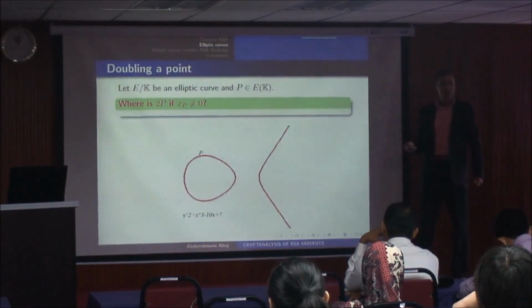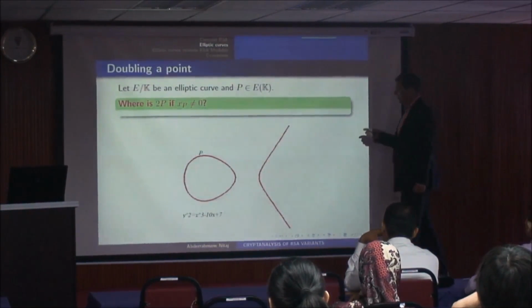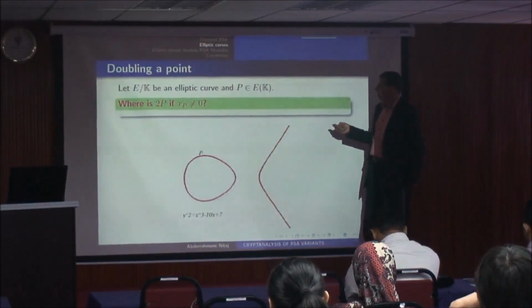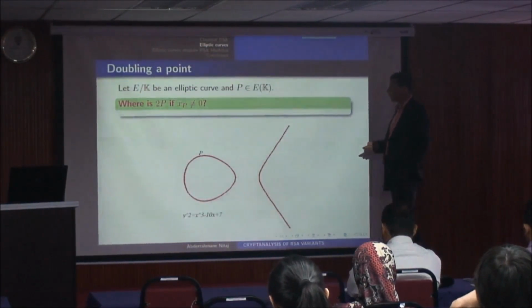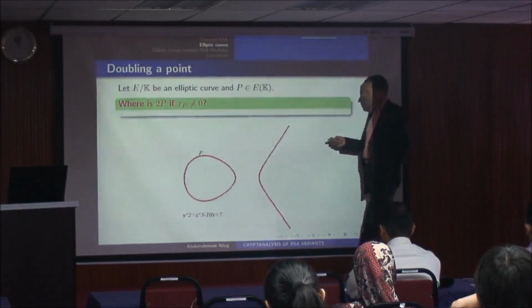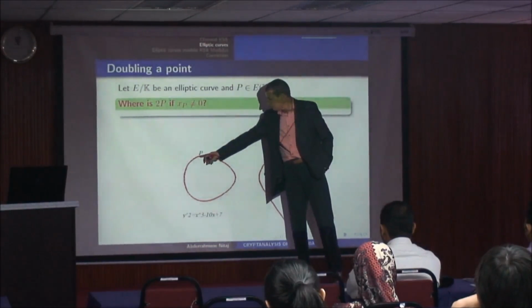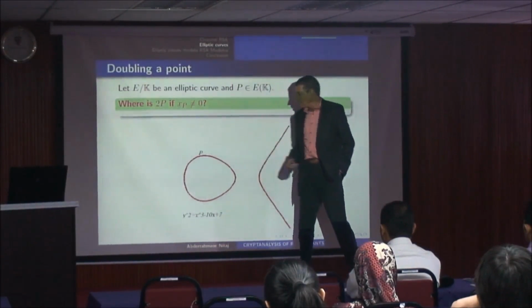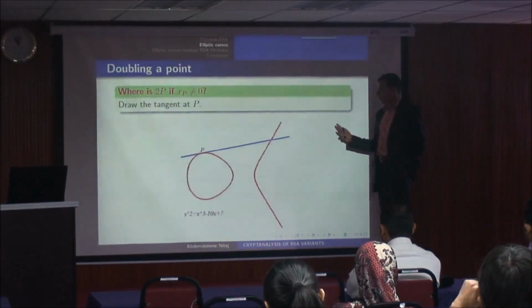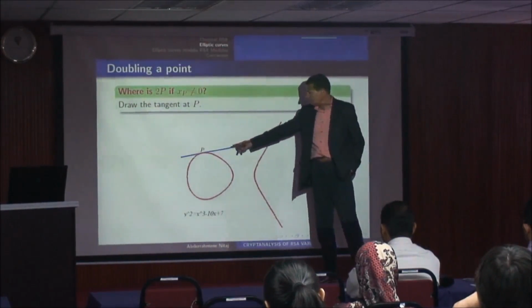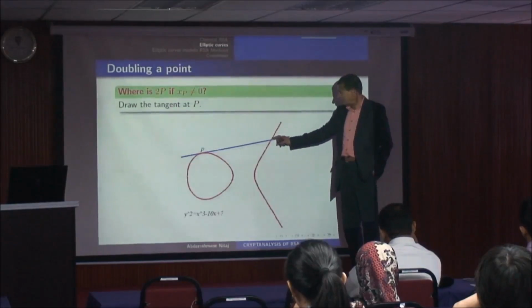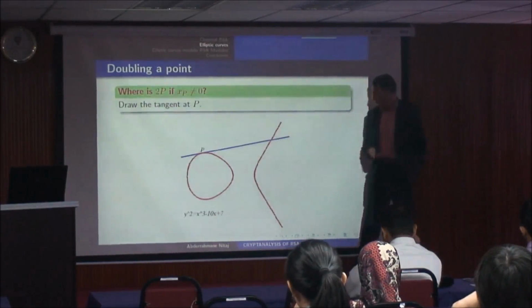Also, we can double a point if we have an elliptic curve E over a field K. How do we get 2 times P when P is not equal to 0? It means if you have a point in this equation, this is our point P. How do we get 2 times P? It's very easy, because we just draw the tangent line at P, and we get an intersection with the curve.